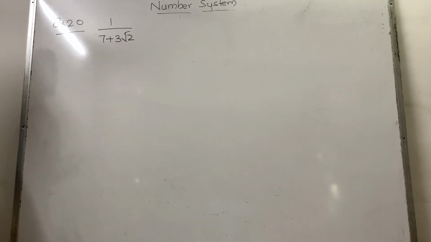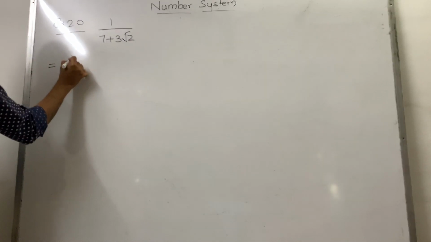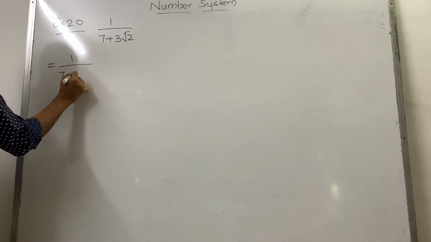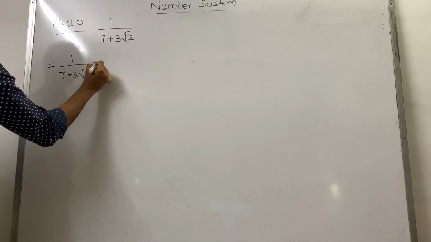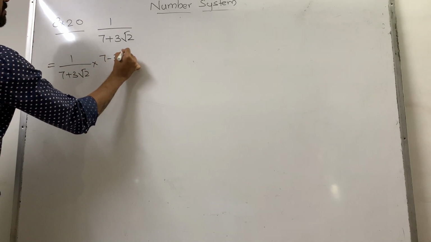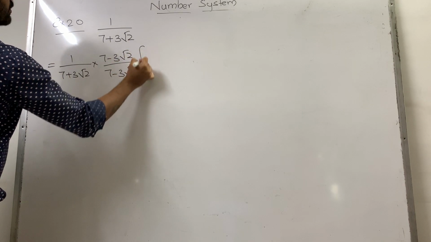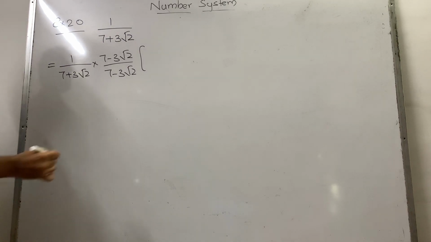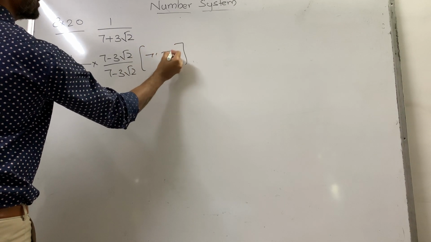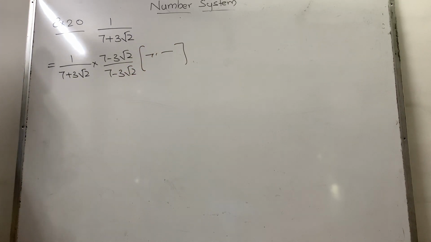We observe that the denominator is in the form of a plus b. Now because we have a plus b in the denominator, we will multiply a minus b to the numerator and denominator. We know the reason to write. The reason that you will write is: multiply numerator and denominator by 7 minus 3 root 2.